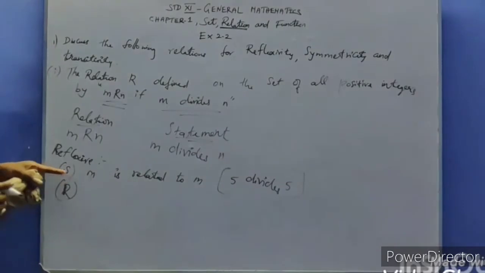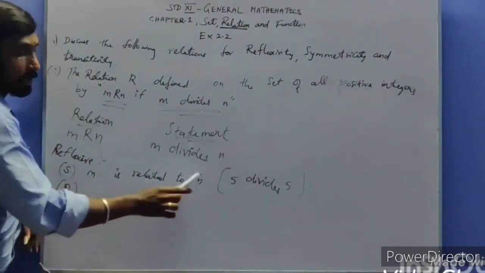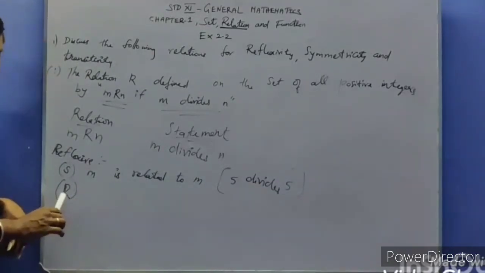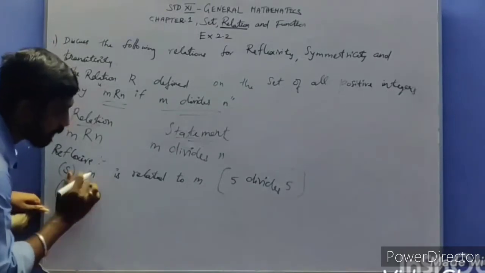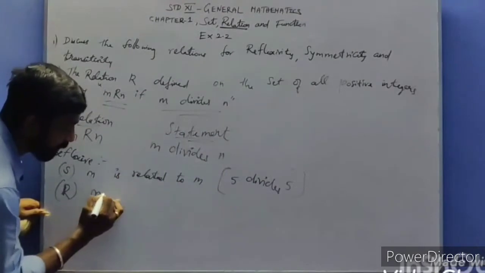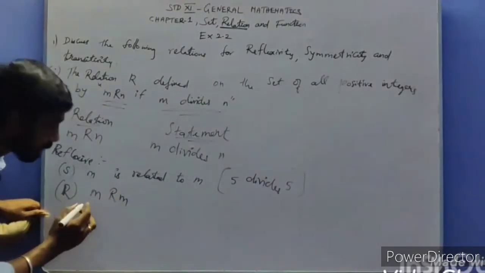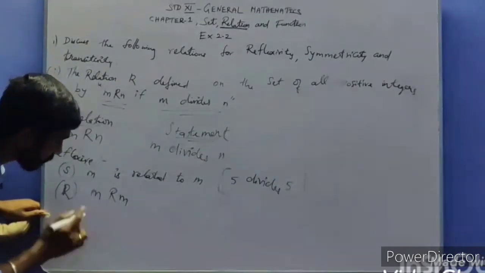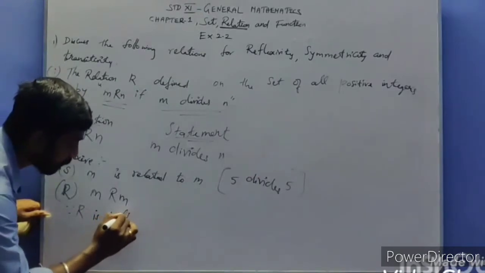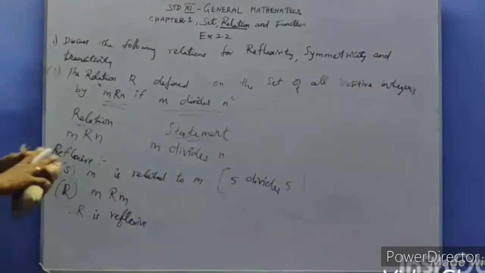The first statement will be M is related to M. Next the relation: M related to M, that is M. It is given here, so R is reflexive. So next condition.